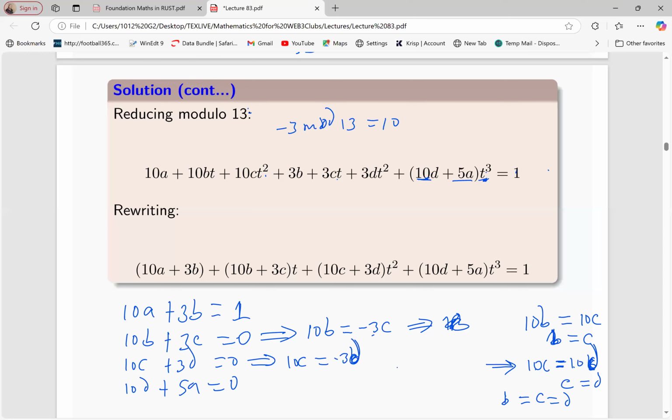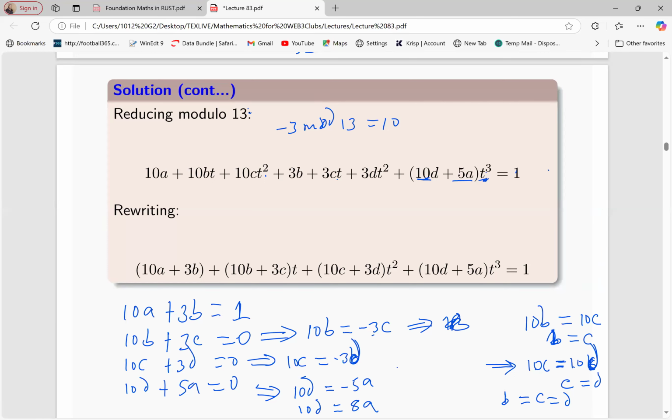Now, the ones that are there, let's come to this. This is the same as 10d, which is the same as negative 5a, or you can say 10d is 8a.